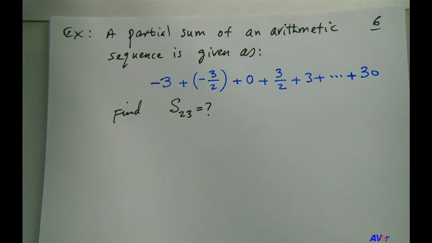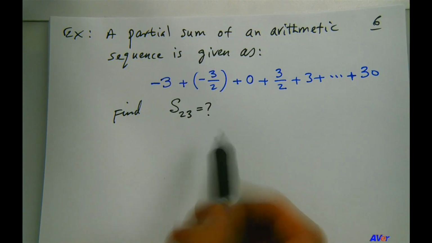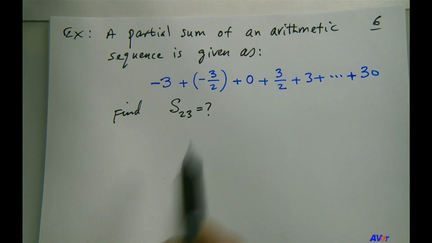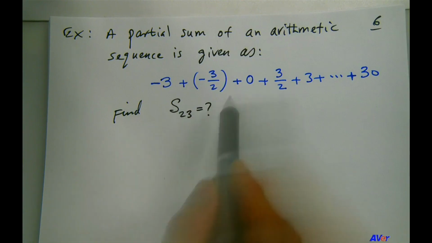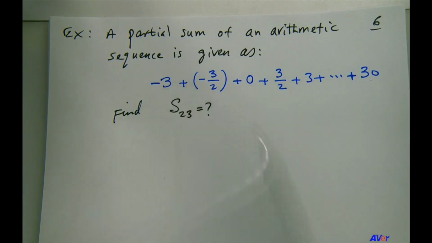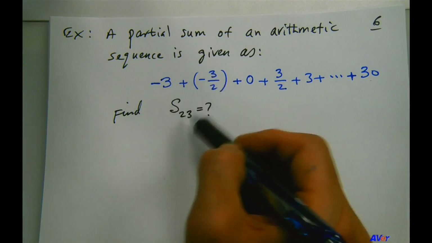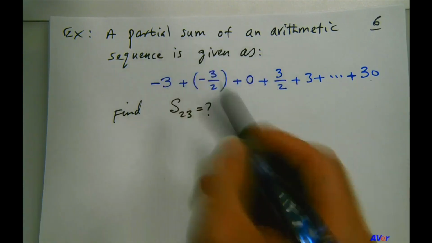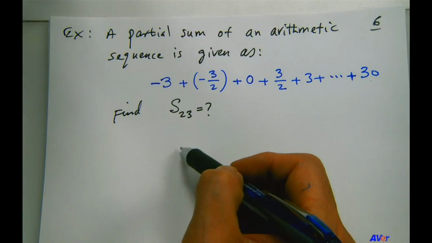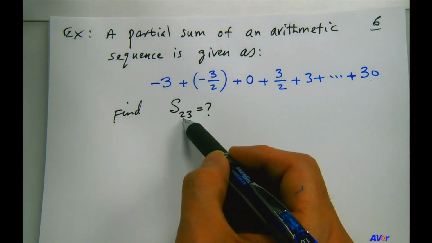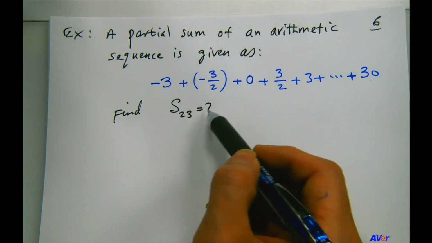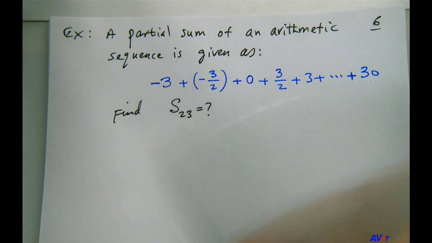Okay, so given this information, we want to find the partial sum of the first 23 digits in this sequence, right?